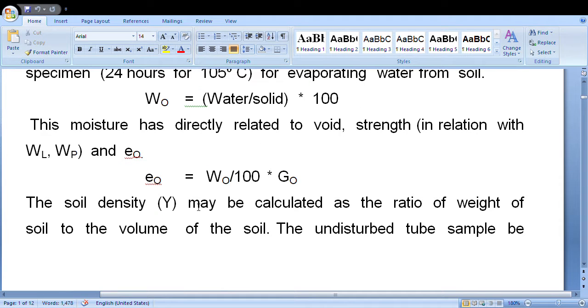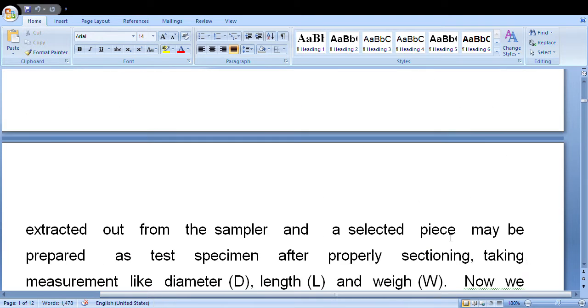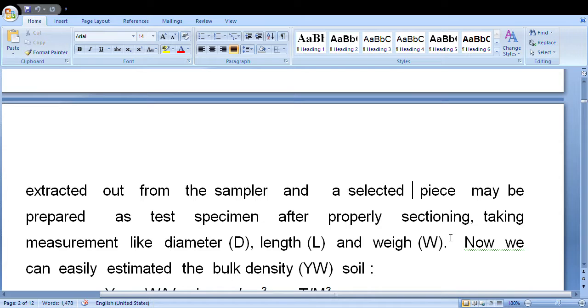The soil density may be calculated as the ratio of the weight of soil to the volume of soil. The undisturbed tube sample shall be extracted out of the sampler and a selected piece may be prepared as a test specimen after properly sectioning, taking measurements and necessary surfacing.